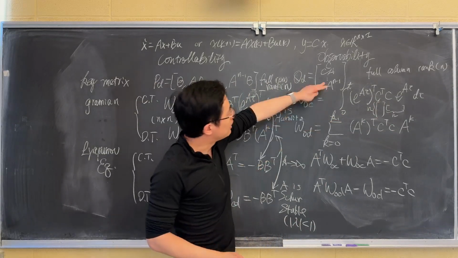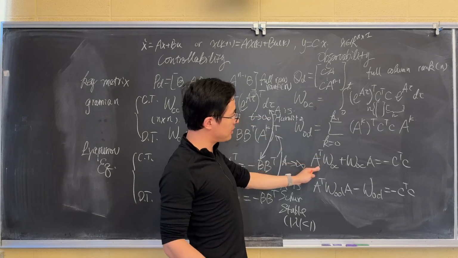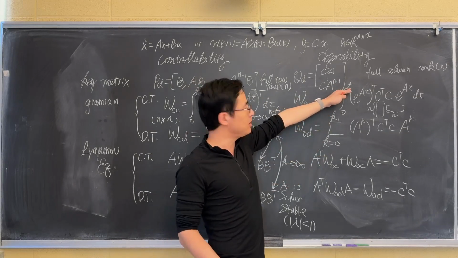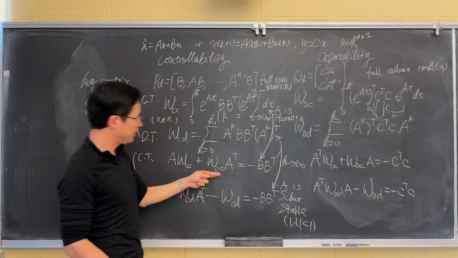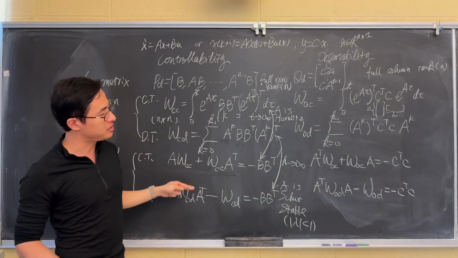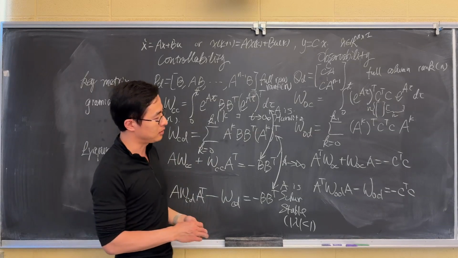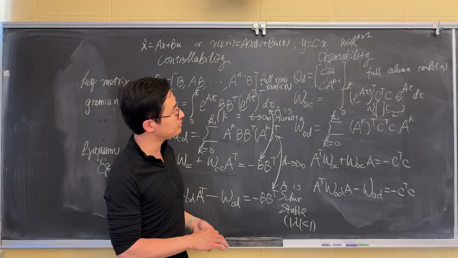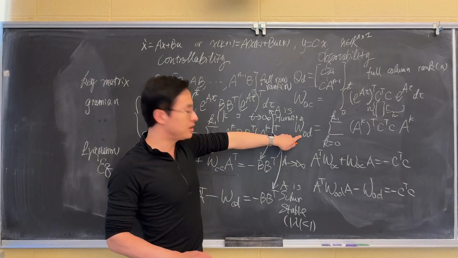The controllability Gramian can also be solved if A is stable. We can take T to be infinity, and we can solve this Lyapunov equation. The way A and A transpose appear differs in these equations, but they are all Lyapunov equations. Same thing for the observability.